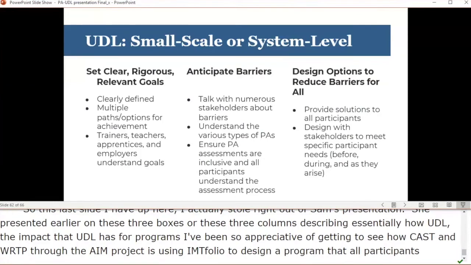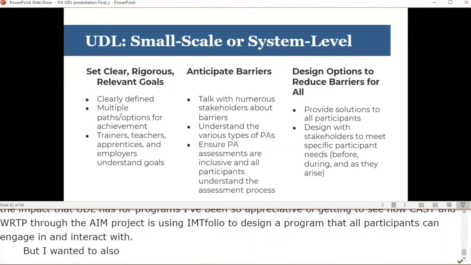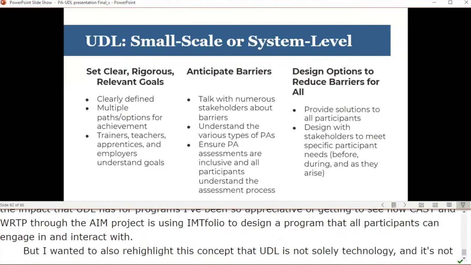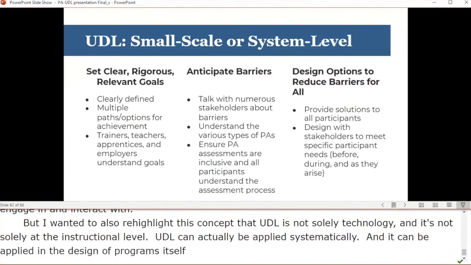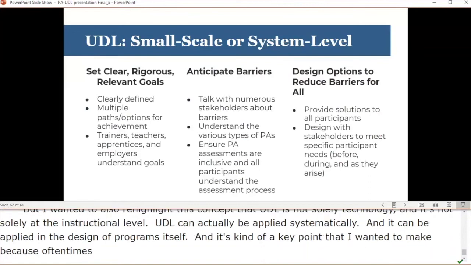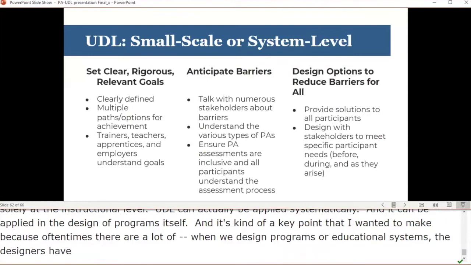But I wanted to also re-highlight this concept that UDL is not solely at the instructional level. UDL can actually be applied systemically, and it can be applied in the design of programs itself. It's a key point that I wanted to make, because when we design programs or educational systems, the designers have their own limitations and perspectives.